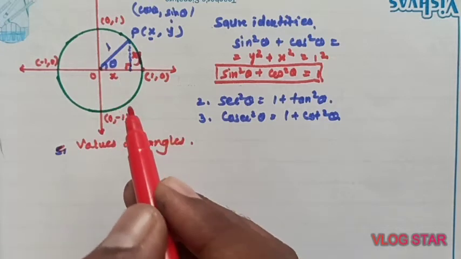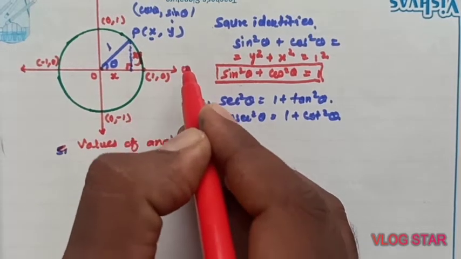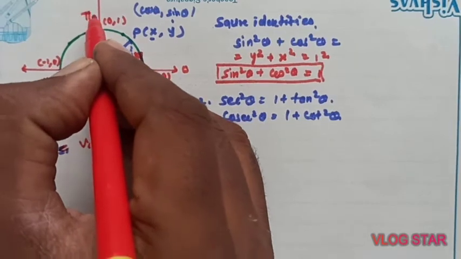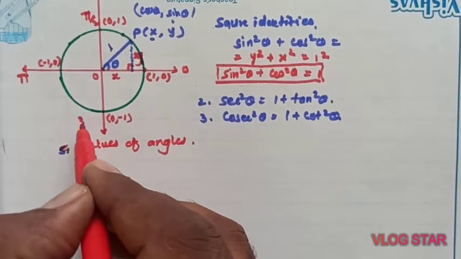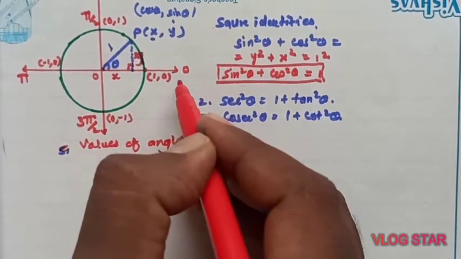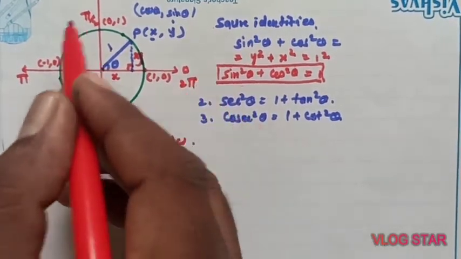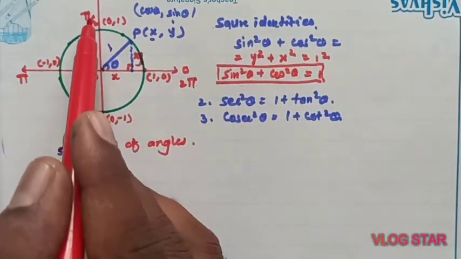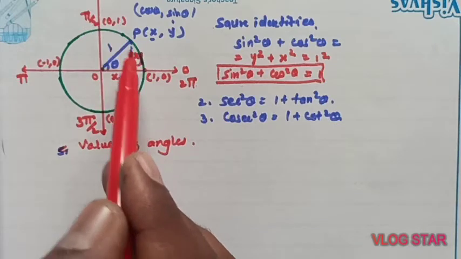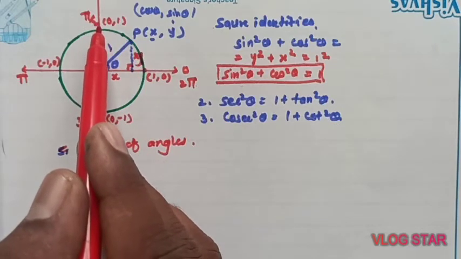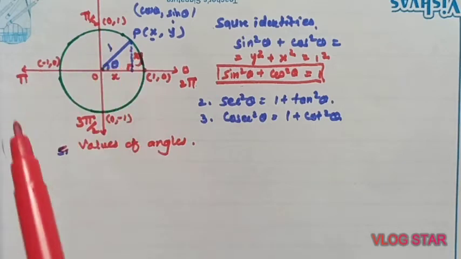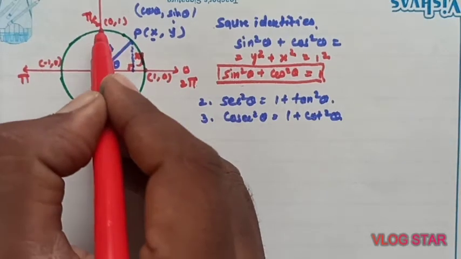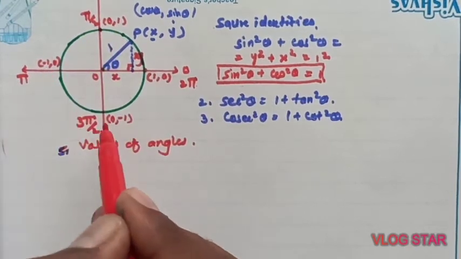And quadrantal angles are 0, pi by 2, pi, 3 times pi by 2 and 2 pi. They are actually multiples of 90 degrees. One quadrant means one quarter, which is 90. So all the multiples of 90 are called quadrantal angles. And these are the points, quadrantal points.